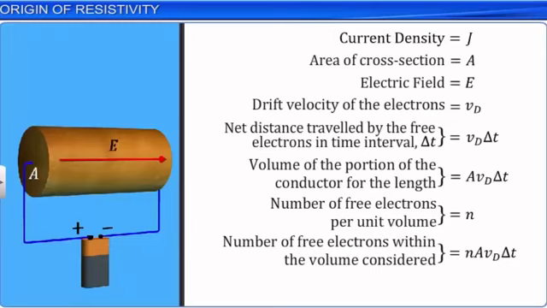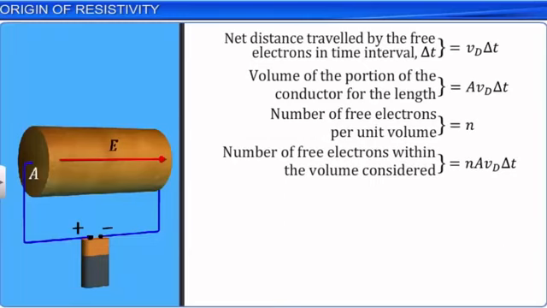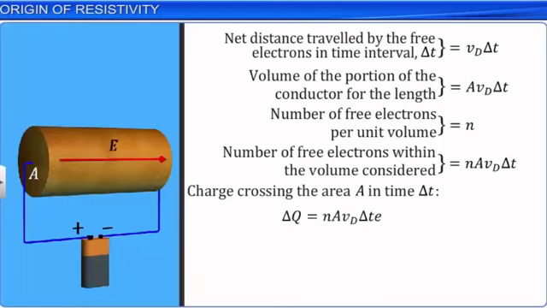All these free electrons cross the area in time delta t. Hence, the charge crossing the area A in time delta t is given by delta Q equal to n A Vd delta t e. Let this be equation 7.